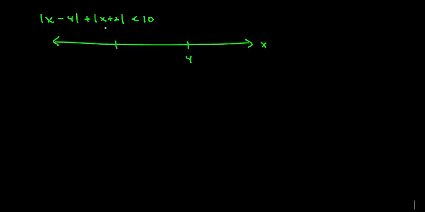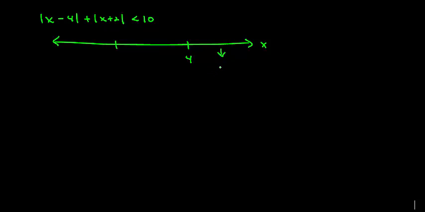This guy would become positive, which means I could lose the absolute value. It's 4 plus 2 is 6, and the absolute value of 6 is clearly positive, so we don't need the absolute value. So for anything that's above 4, I'm cool with dropping the absolute values on both of these.